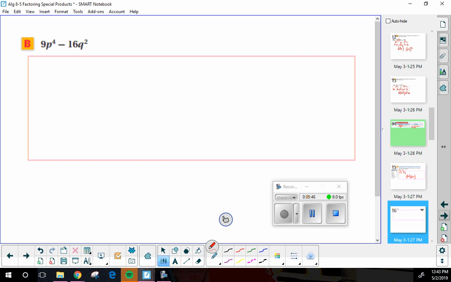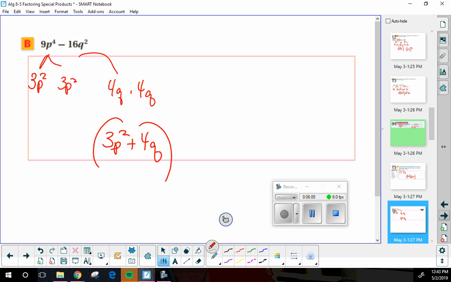Okay, so this one is 9p to the 4th, so that's 3p squared, 3p squared. That's 4q times 4q. So this would be (3p squared + 4q) and (3p squared - 4q).